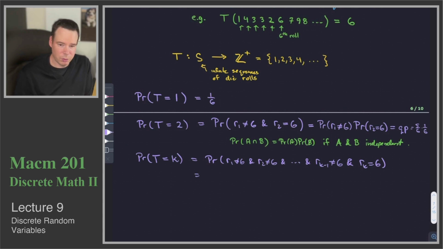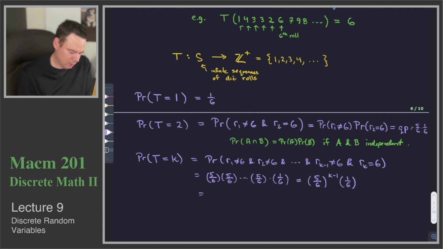And so I need the first roll not to be a 6. That probability is 5/6, times 5/6, not a 6 on the second roll, times all the way down to 5/6. And then the kth roll I want to be a 6, so the probability that will happen is 1/6. So in other words, it's 5/6 to the k minus 1 times 1/6.